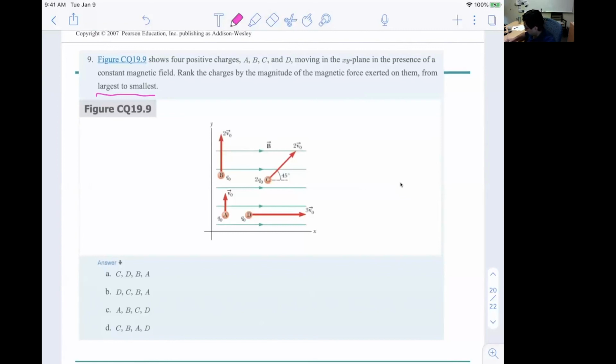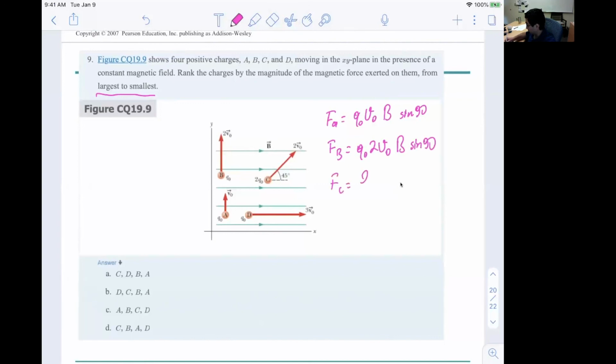For A you have Q naught, V naught, and B, and the angle is 90 degrees between the magnetic field and the velocity. Sine 90 is going to be 1, right? So FB is Q naught, 2V naught, because the velocity is 2V, and B sine 90.